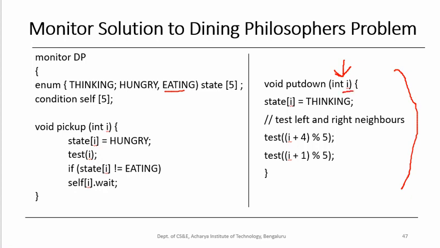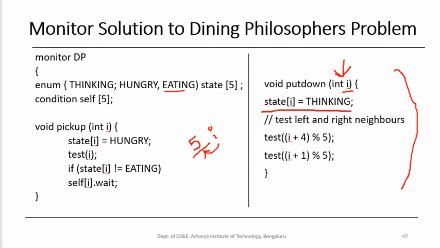That is indicated by this variable I. For example, if it is philosopher 5 who is trying to put the chopsticks down, then 5 will be the value of I.